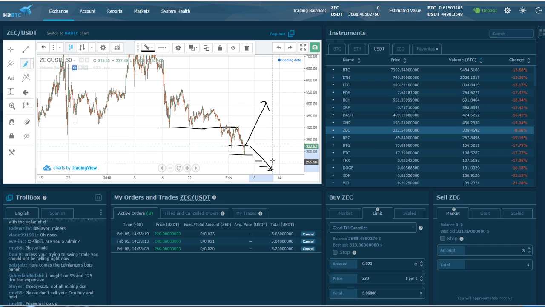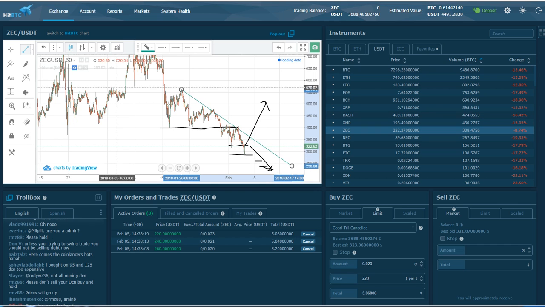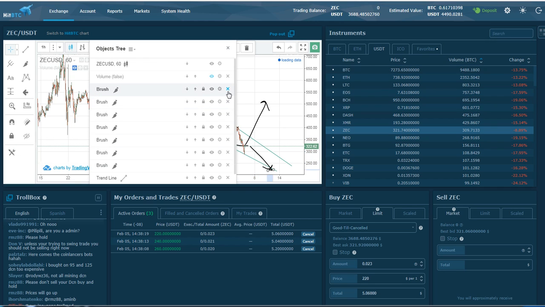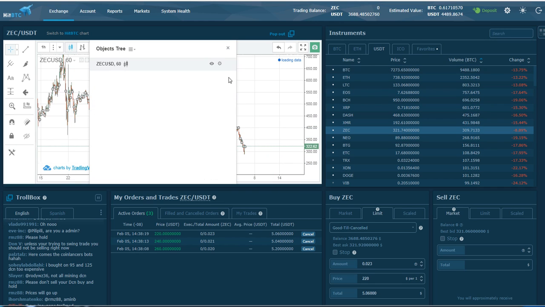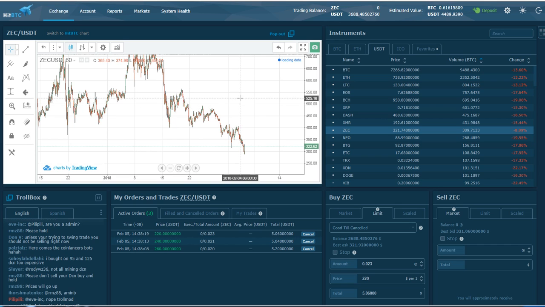Here you can do this technical analysis nonsense, where you draw a line here, you draw a line here. Where do you think we're going to go, right? So you can hope, wish, pray, and want all these coins to go up, but that would be luck.